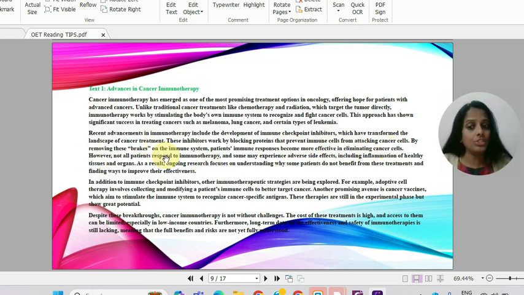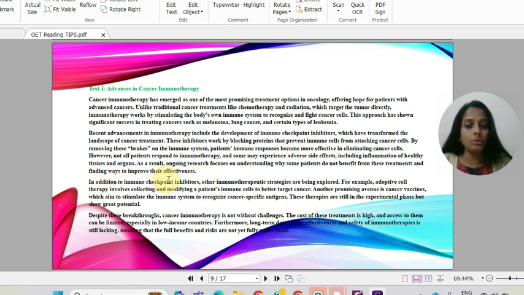However, not all patients respond to immunotherapy, and some may experience adverse side effects, including inflammation of healthy tissues and organs. As a result, ongoing research focuses on understanding why some patients do not benefit from these treatments and finding ways to improve their effectiveness.